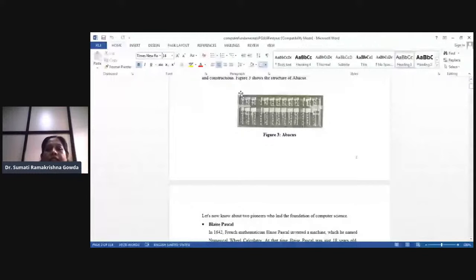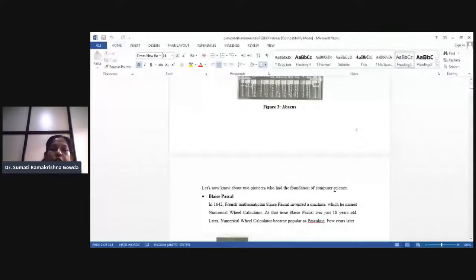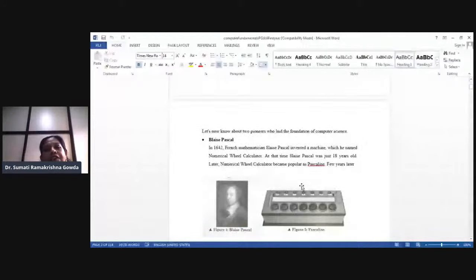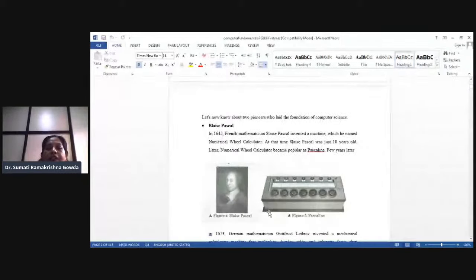Now it's about two pioneers who laid the foundation of computer science, that is, Blaise Pascal and Charles Babbage. In 1642, French mathematician Blaise Pascal invented a machine which he named the numerical wheel calculator. You can see in figure 5 Pascal and the small wheels here.